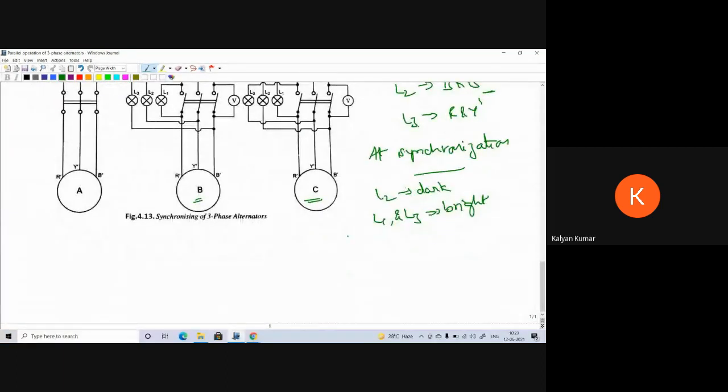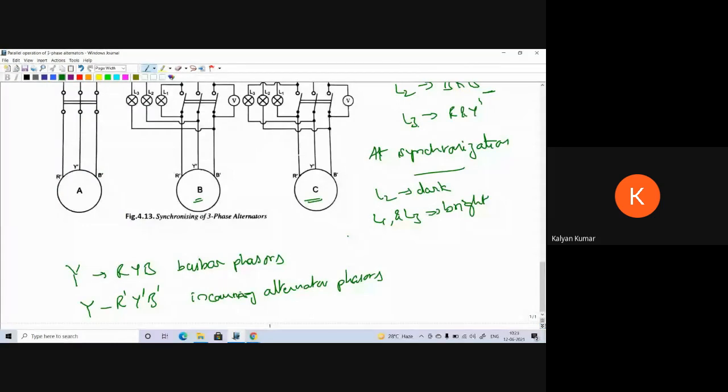So for that, let us consider two star diagrams. Solid star indicates RYB bus bar phasors, and star with R dash, Y dash, B dash represents incoming alternator phasors.